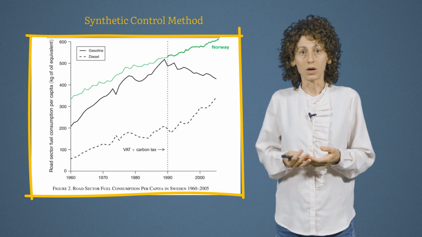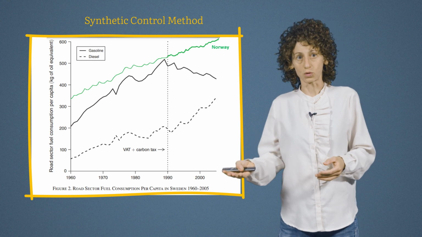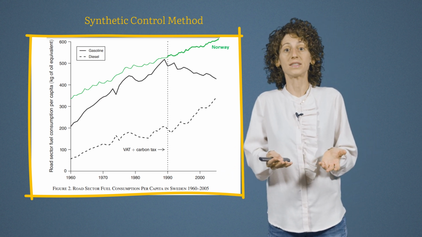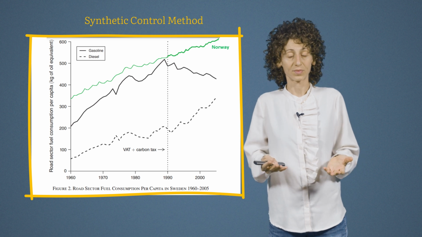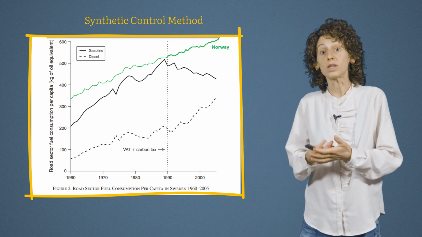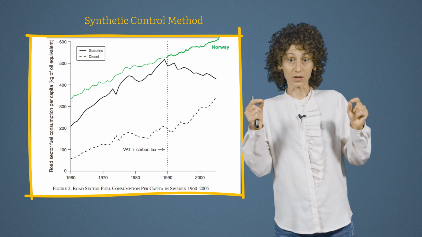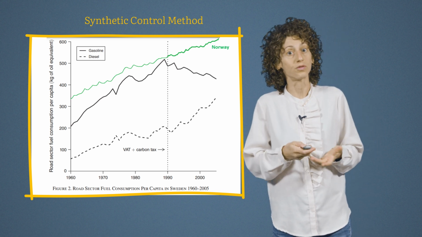For example, Norway might be similar to Sweden, and their road sector fuel consumption trends could be compared. Norway did not introduce a carbon tax in 1990, so the difference between the two countries might reflect the effect of the tax.